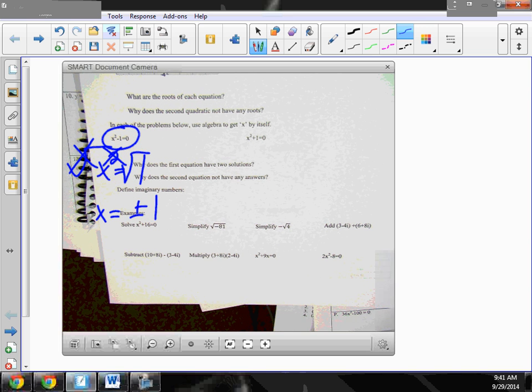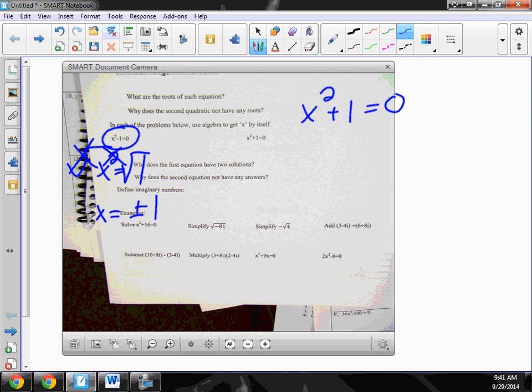Let's try the same thing on the other side. x squared plus 1 equals 0. Right? x squared equals negative 1. What number multiplied by itself gives negative 1? Well, 1 and negative 1 are two different numbers.